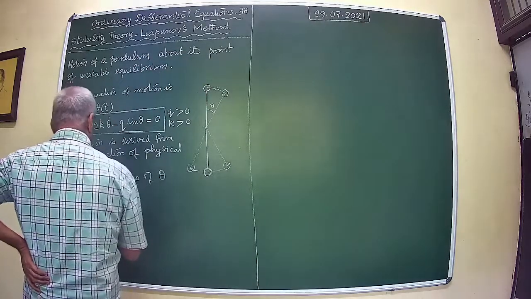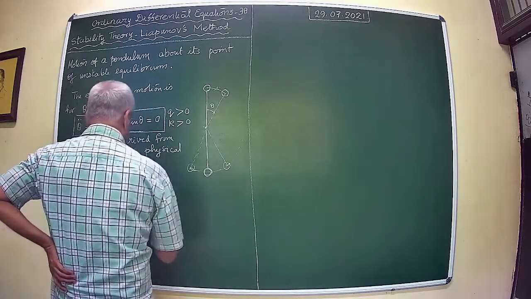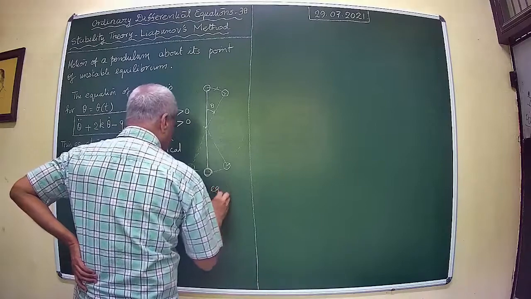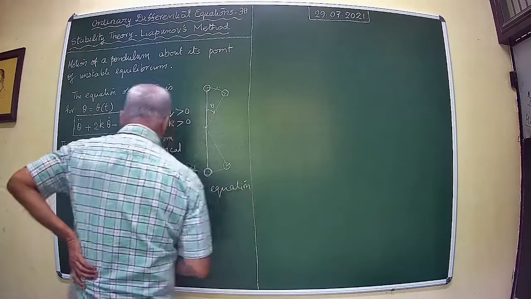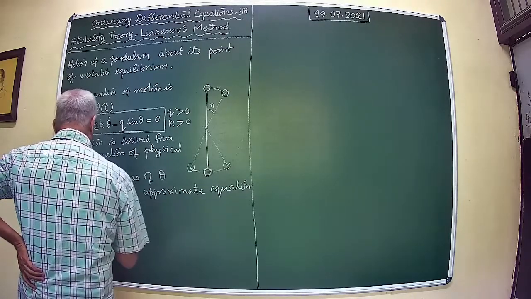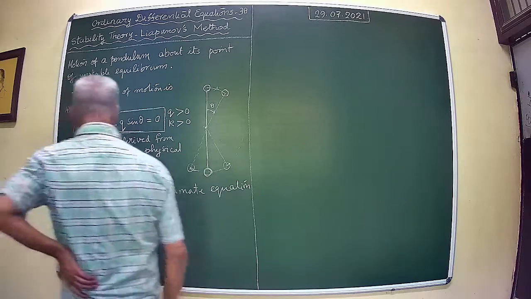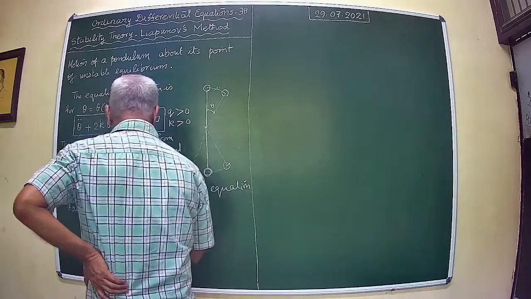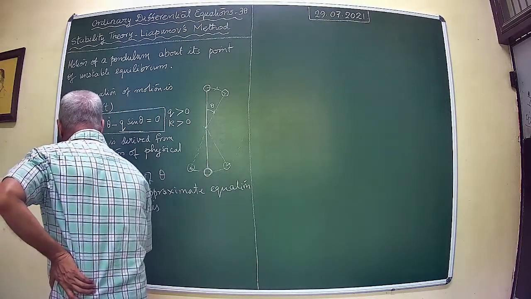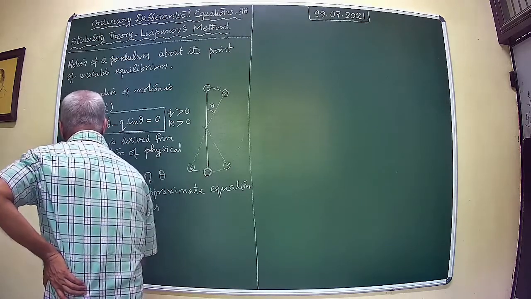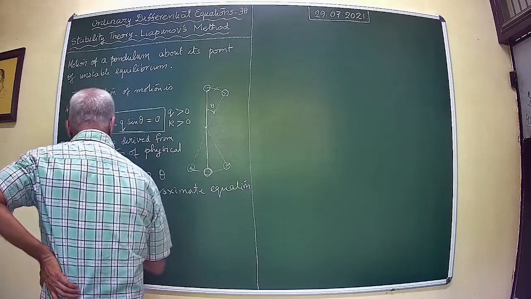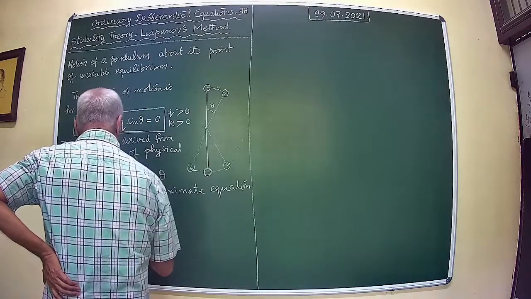So the approximate equation for small theta is theta double dot plus 2k theta dot minus q theta equal to 0.